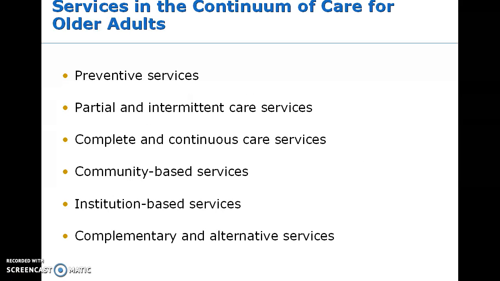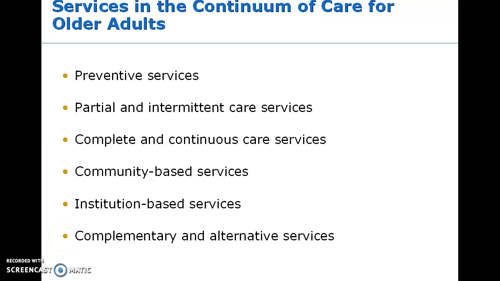When we speak of all the different services in the continuum of care for older adults, think of these services: preventive services, partial and intermittent care services, complete and continuous care services, community-based services, institution-based services, and complementary and alternative services.